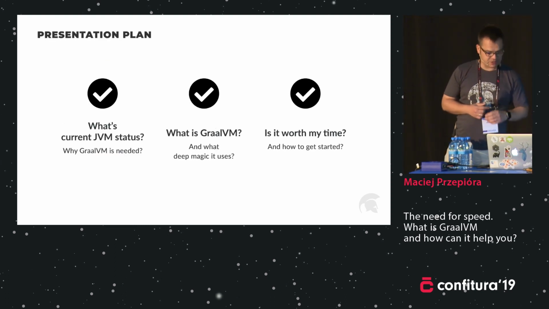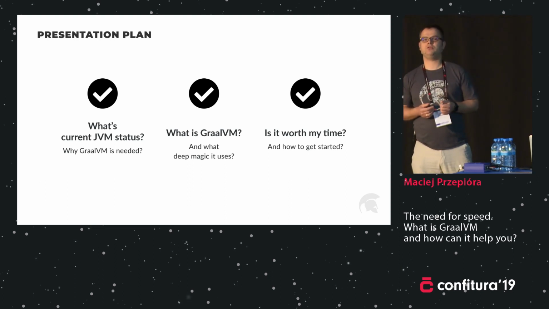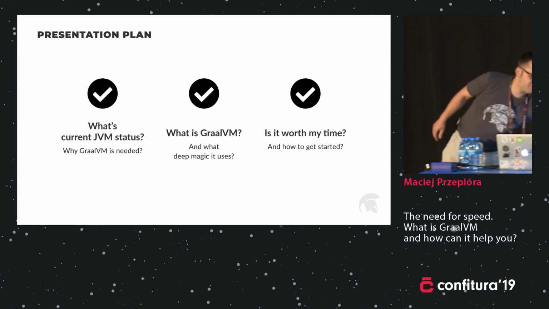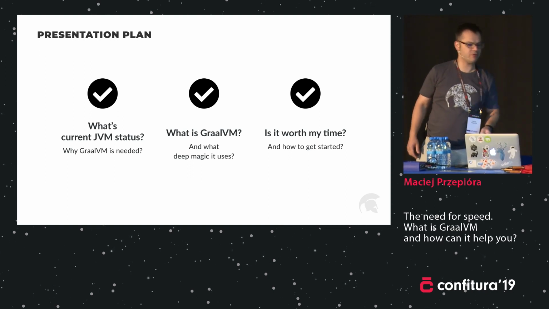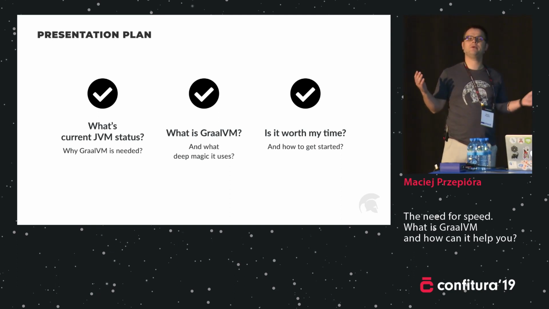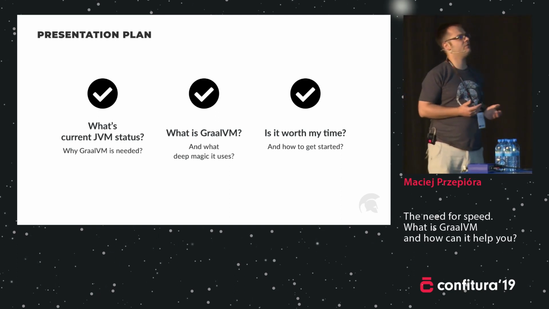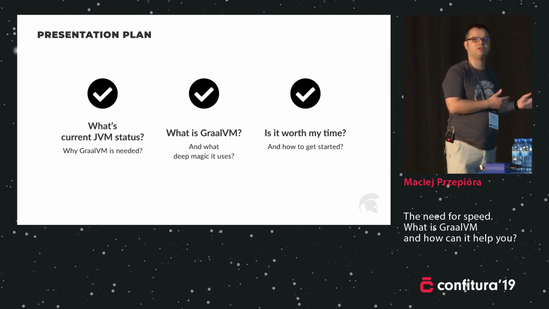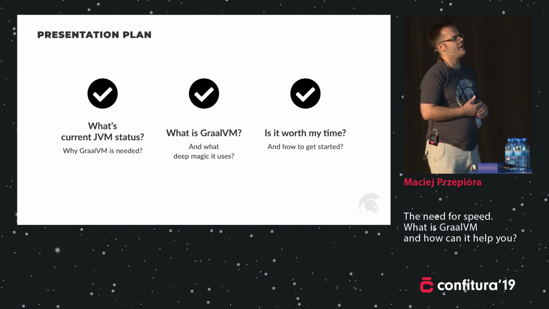So, the presentation plan. There are three things that I want to talk about today. The first one is the motivation for GraalVM. Why do we have something like GraalVM? Why did Oracle come up with something like that? I will discuss the current status of the JVM, the Oracle Java Virtual Machine or the OpenJDK Java Virtual Machine.